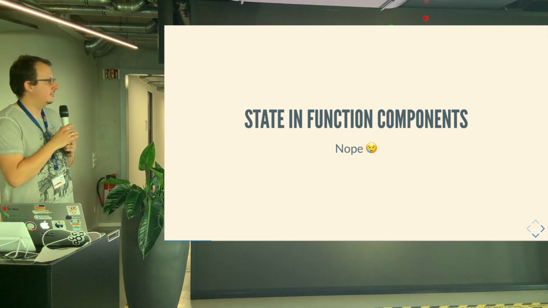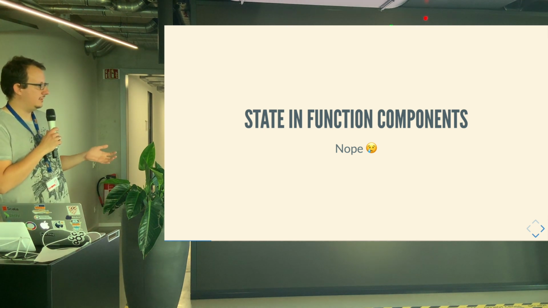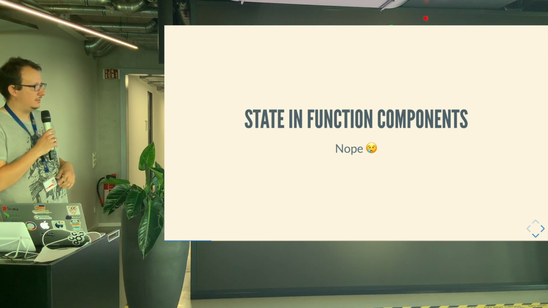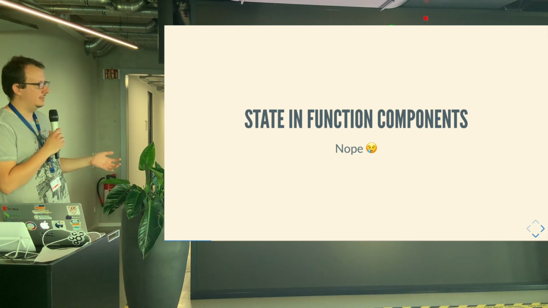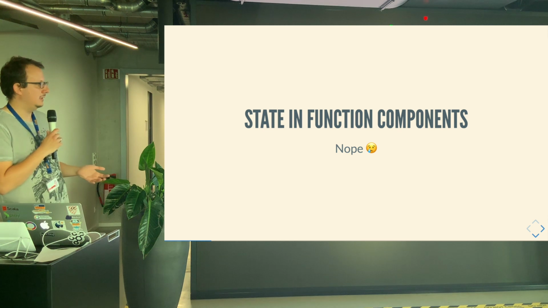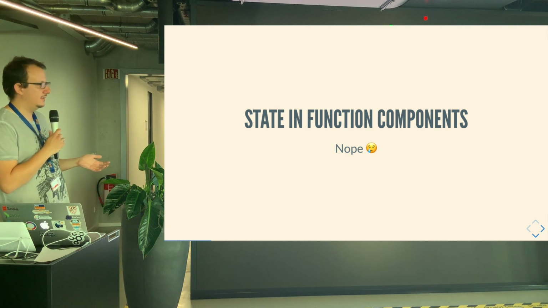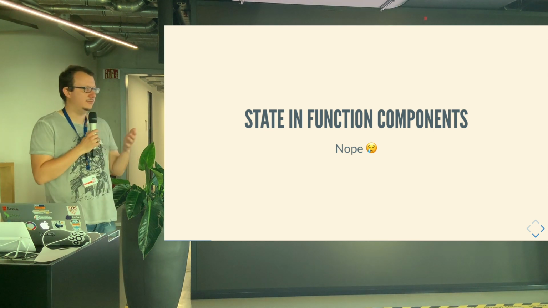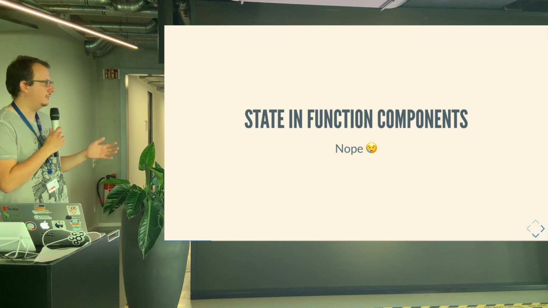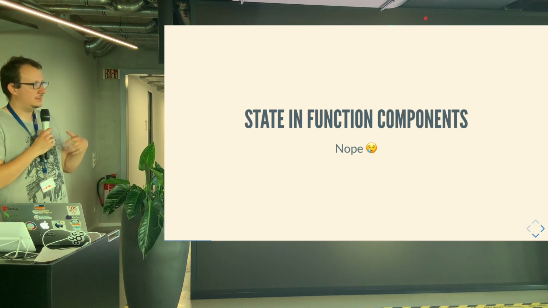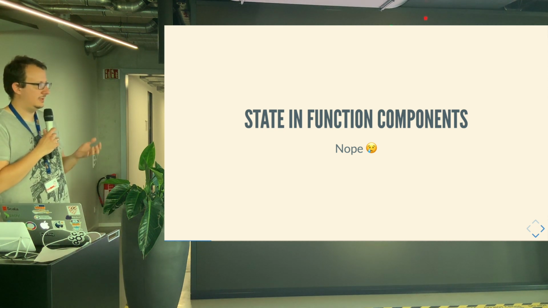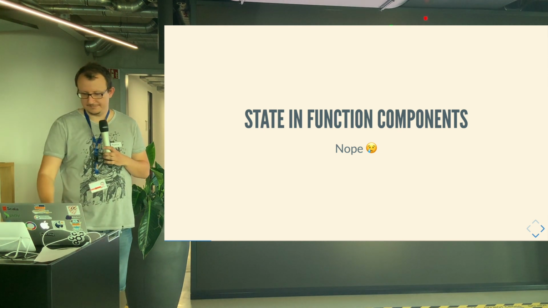But on the other hand, it makes it very hard to build full applications only with function components, because usually most applications have some state. I mean, there are solutions for that. You can use Redux or some other state management libraries, but I feel with hooks it's way easier and it has a very good developer experience, in my opinion.